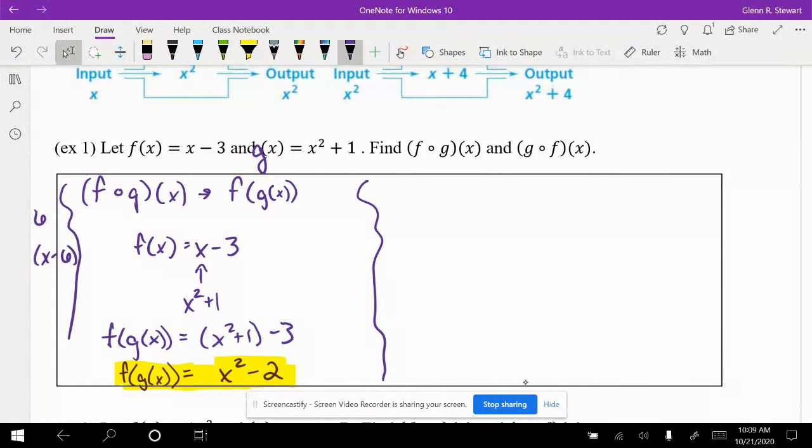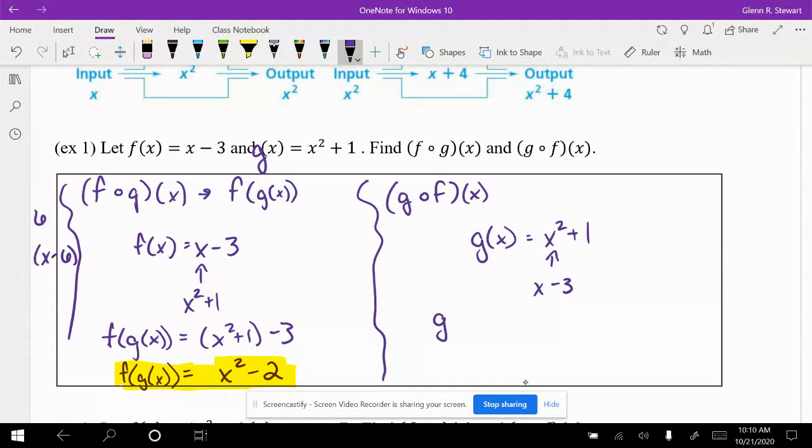Now over here, we've got g of f of x. So now we're going to do the opposite. We are going to start out with the g of x function, which in this case is x squared plus 1. And where that x is, we're going to plug in f of x, which is x minus 3.